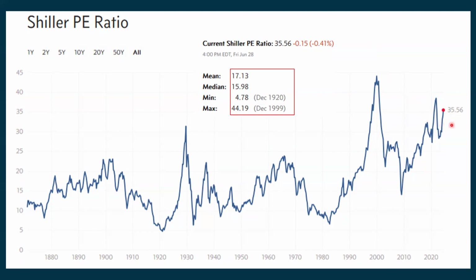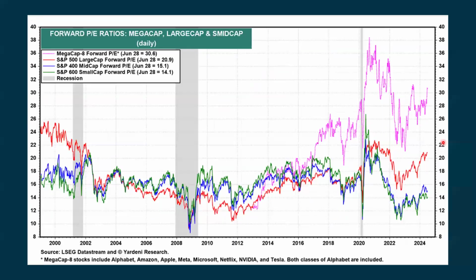To give that some perspective, the median and the mean are a little bit under 16 and a little bit over 17 currently. So we're double, even more than double, what the historical valuation should be. Again, we've been this way now for a number of years, and we can stay in this condition for a long time. But the market doesn't do that.